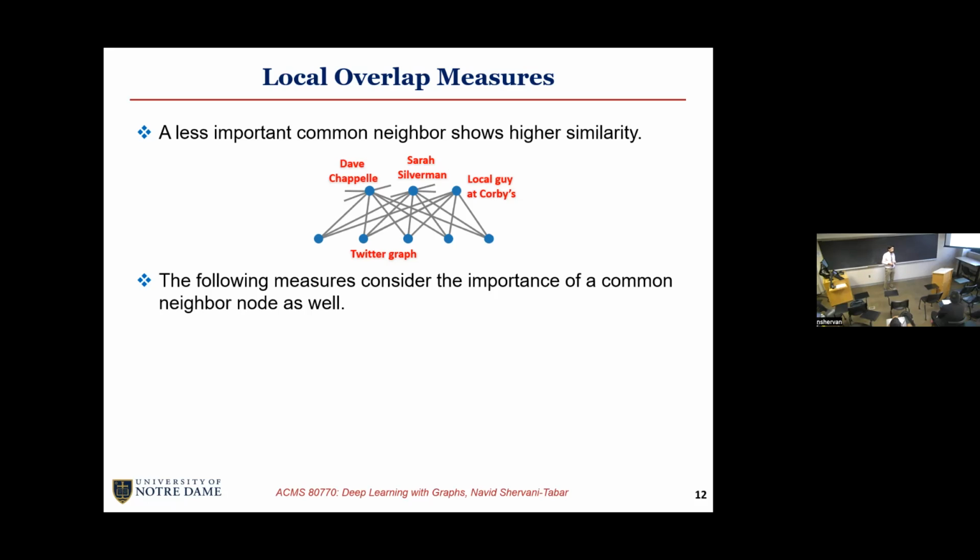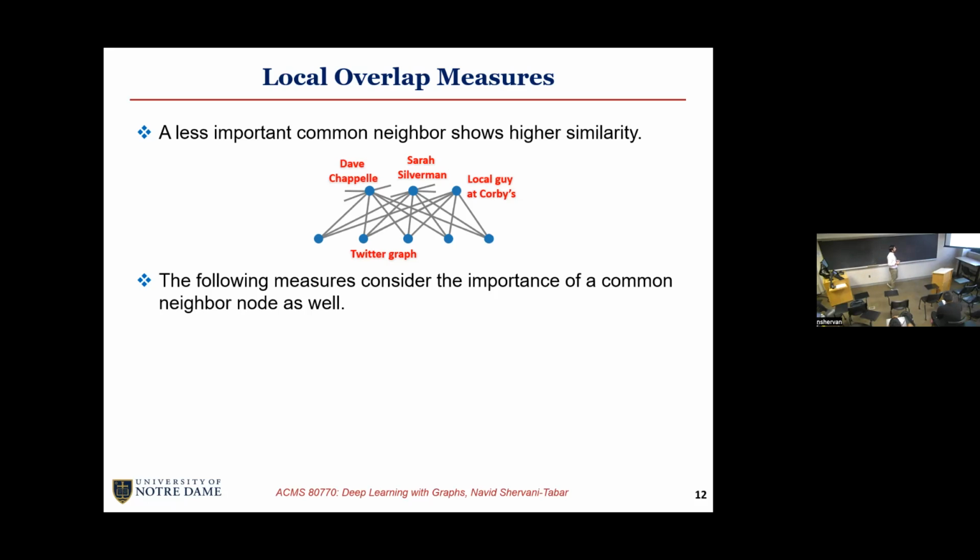So we can just be one of those two people that are following both of them, right? But the fact that we're both following this local guy gives more information: these people are probably living in that area, or they probably know each other because that's a local place. Not many people know that, right?